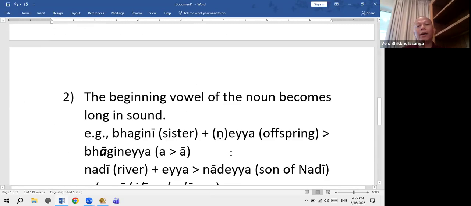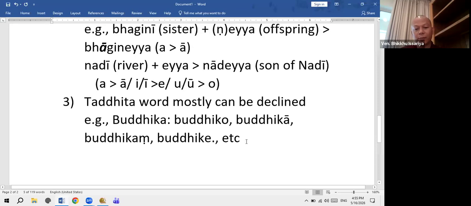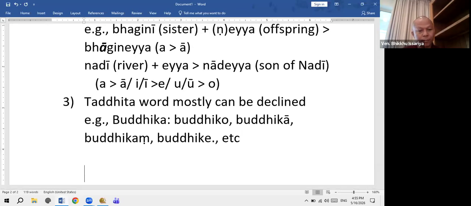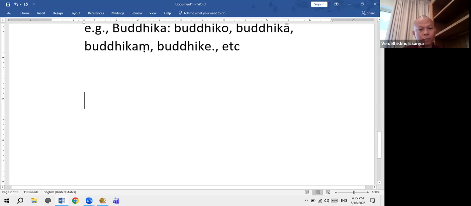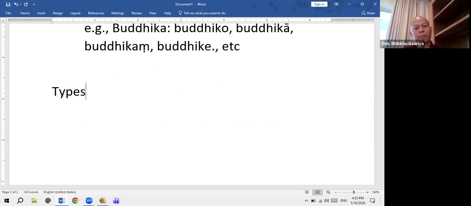And now the next item is the types of Taddhita. One is Apacca.